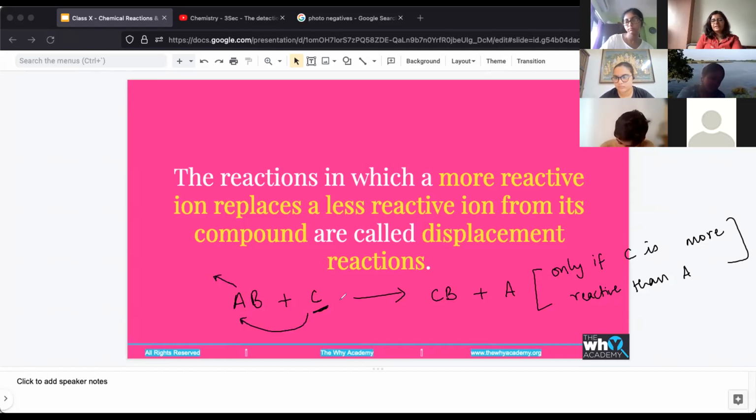So C takes the place of A, forms CB, and A is kicked out and becomes an element. So this is your basic displacement reaction. C displaces A from its ionic salt.